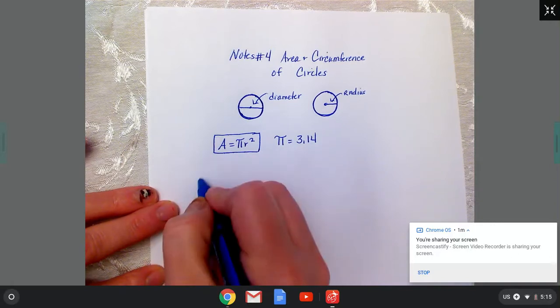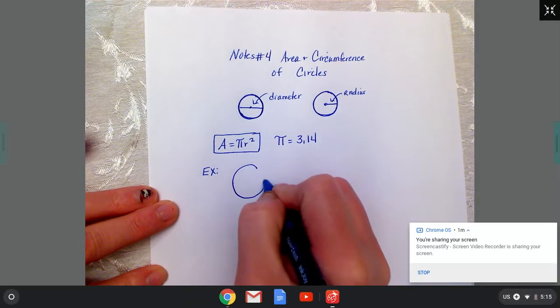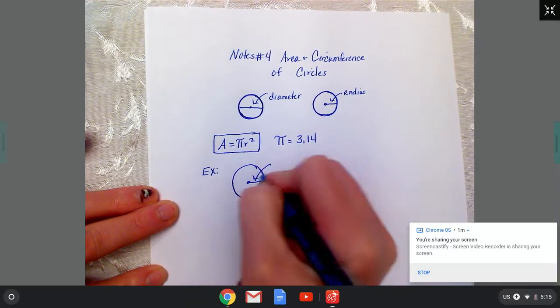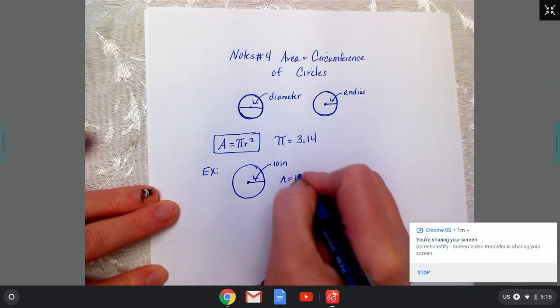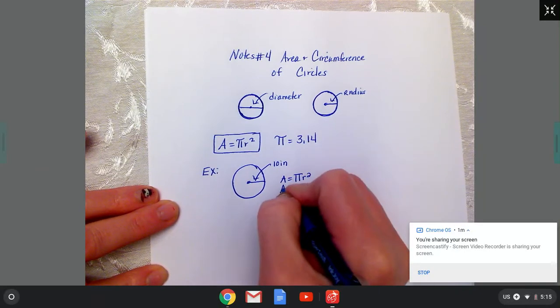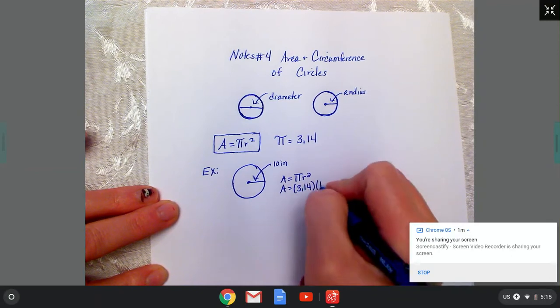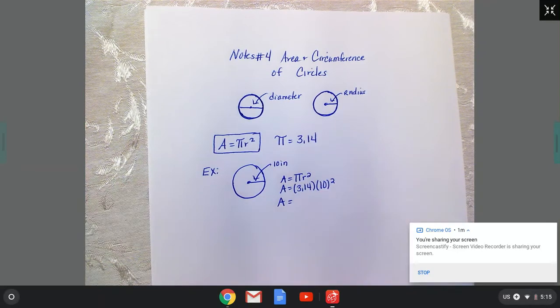So we'll start with an example using that formula. If I had this circle with a radius of 10 inches, area would equal pi r squared, 3.14 times 10 squared. We'll check out Desmos.